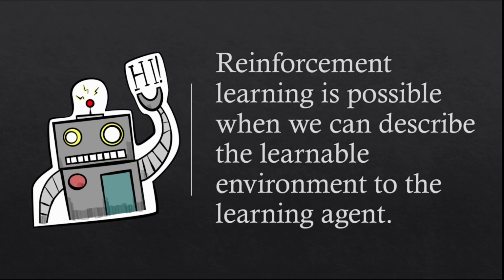So after all, if you have some problem that can be expressed in terms of situation-action mapping, it is okay to say that using reinforcement learning to solve these problems is possible when we can describe the learnable environment to the learning agent. After that, it will be time to figure out how to make it happen.